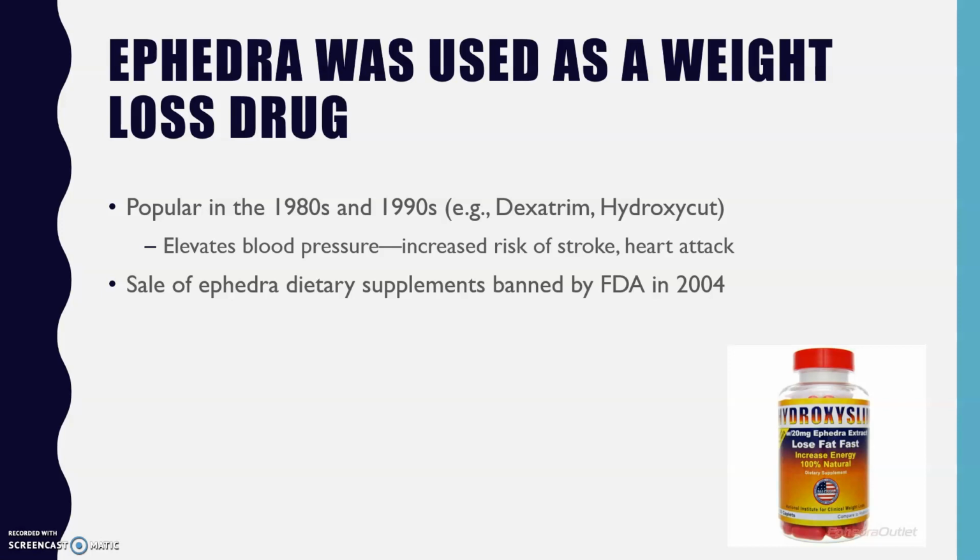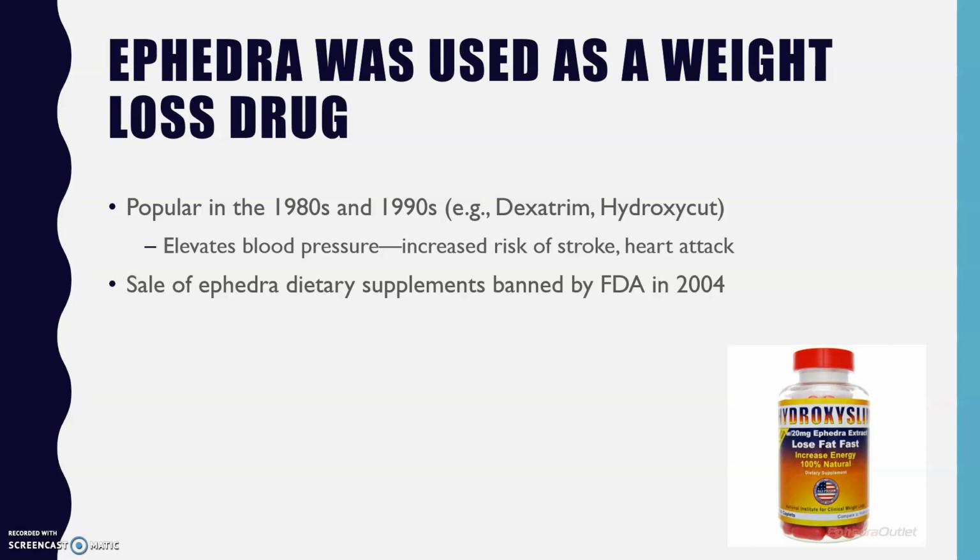And stimulants will often reduce your appetite. So generally, while you were taking something like Dexatrim, you would not really have much of an urge to eat. You wouldn't be hungry, and you would probably burn energy a lot more quickly because, well, stimulant.